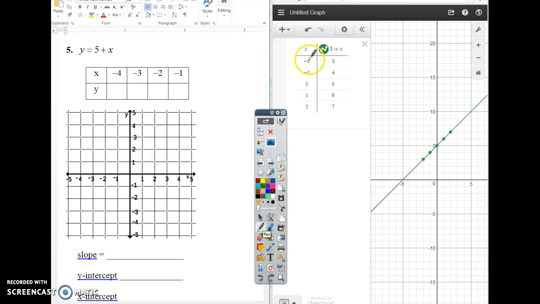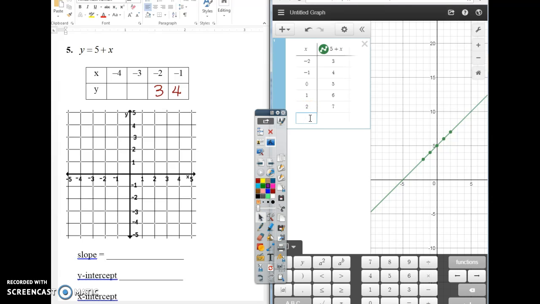So -4 is not on here, but -2, -1 are. So -2 gives you 3, and -1 gives you 4. So I need to type -4 and I need to type -3. So I'm going to type them right here. -3 gives me 2, and -4 gives me 1.